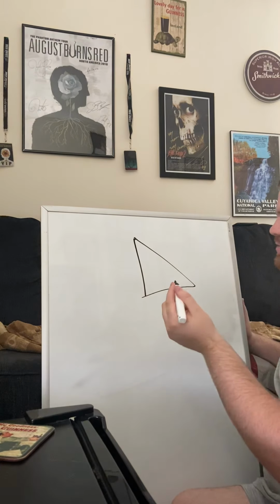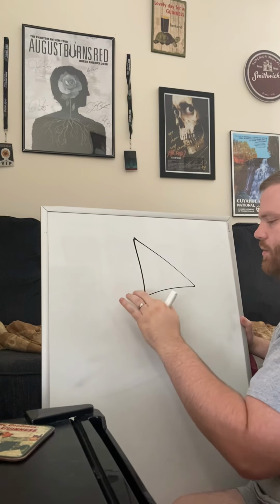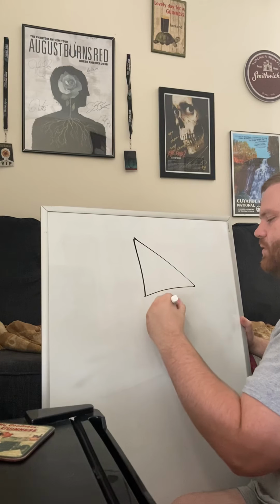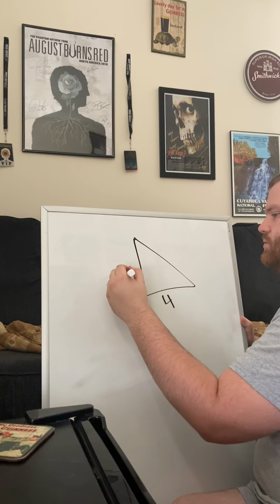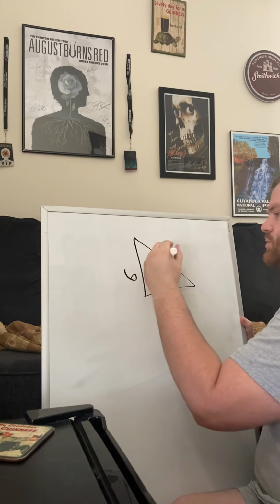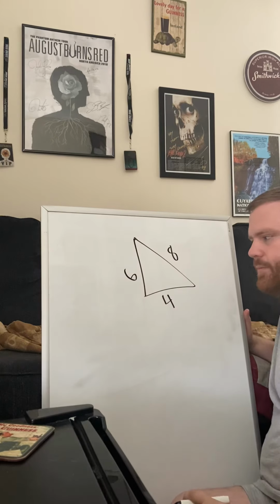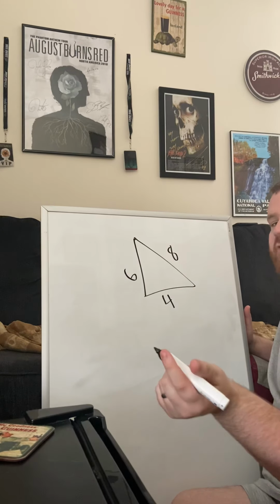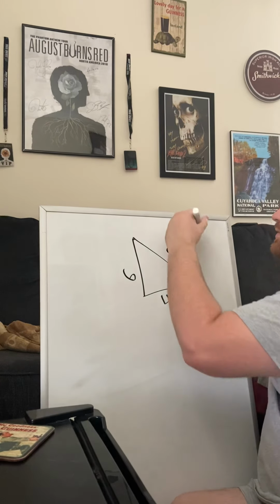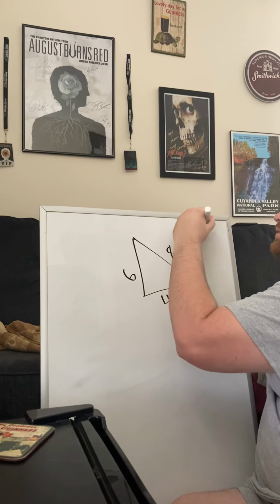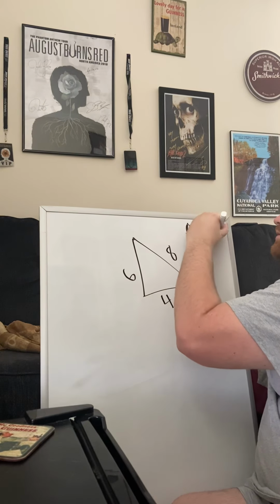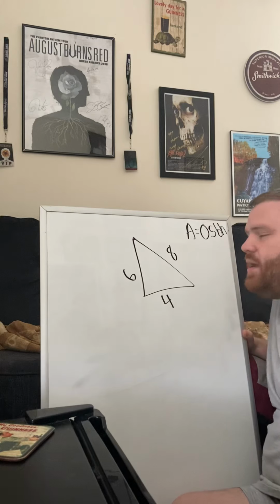Not really an artist, but I'll try, right? So we had said this is 4, this is 6, and this is 8. Okay? So again, my formula for area of a triangle is area equals 0.5 times the base times the height.